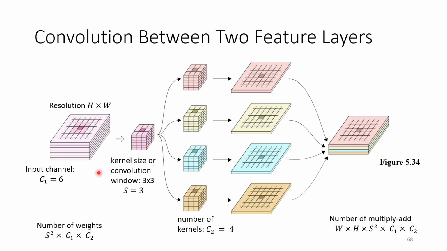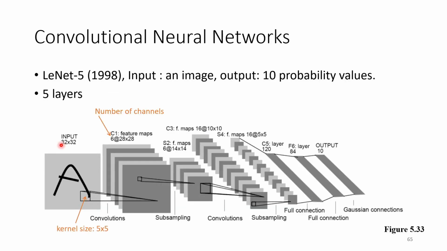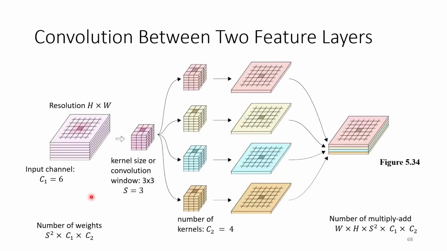So when we have the convolutional networks, here we generated 6 channels. Why do we generate 6 channels? Because we use 6 convolution kernels. Every convolution kernel will generate a new layer. And here, we have a convolution kernel whose size is 3 times 3. So what will be the depth?